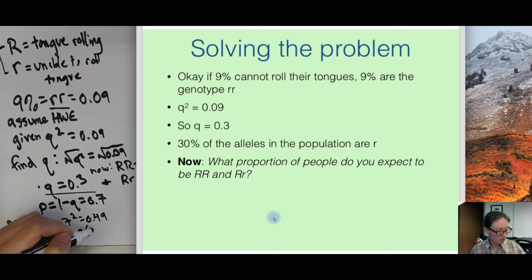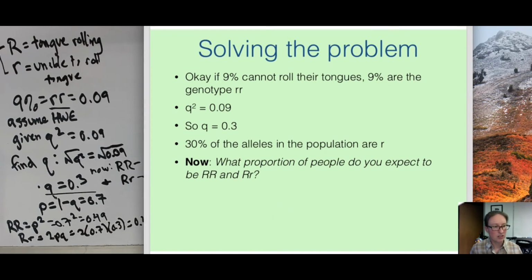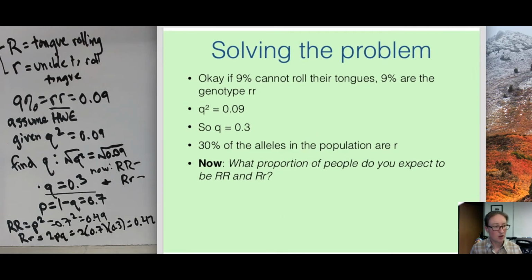So 2 times 0.7 times 0.3. So that's 0.42. So then we know 49% of the population is homozygous dominant, able to roll their tongues, and 42% of the population is heterozygous.